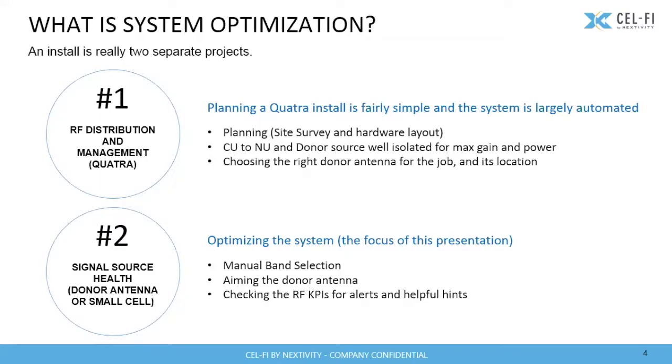And then checking the RF KPIs. You know, we talk here about signal quality a lot. Good signal in, good signal out. Quatra systems have up to 100 dB of gain, so we're less concerned about pointing our donor antenna just at the strongest signal source. We would like to bring in a good quality signal. And checking those RF KPIs on the portal has just been made a little bit easier with some helpful hints, and I'm going to show you some pictures of that.